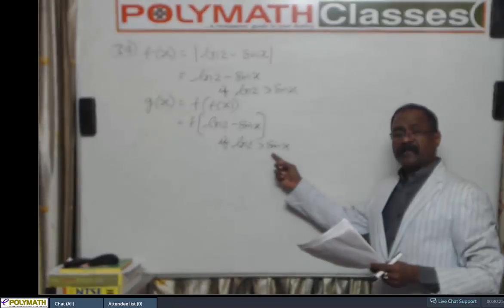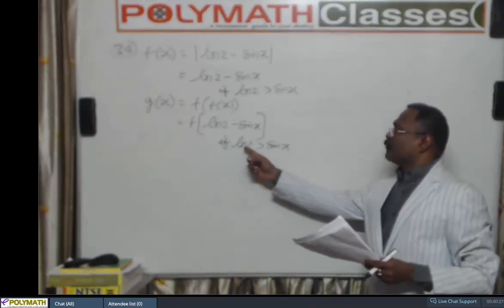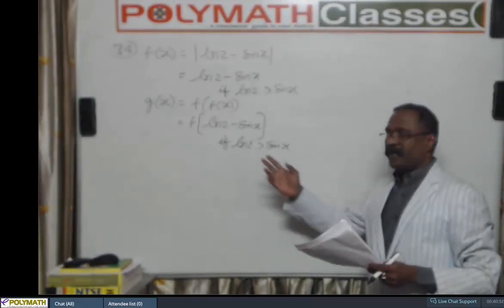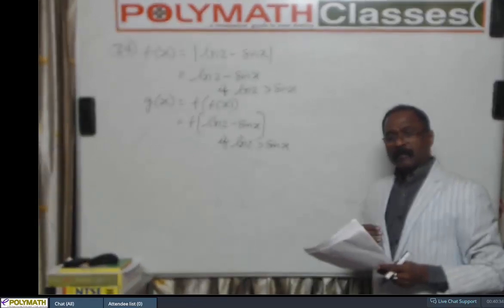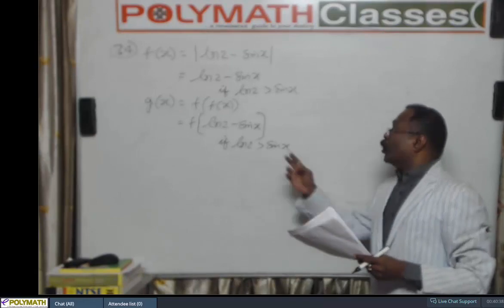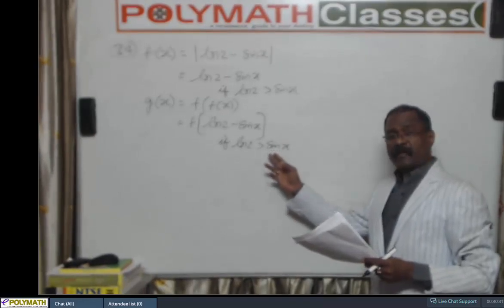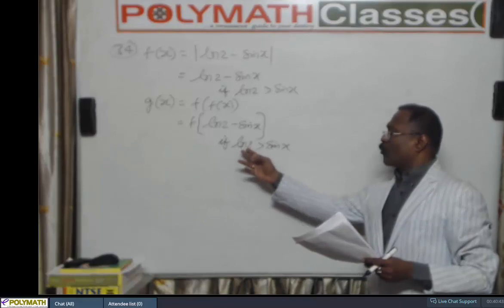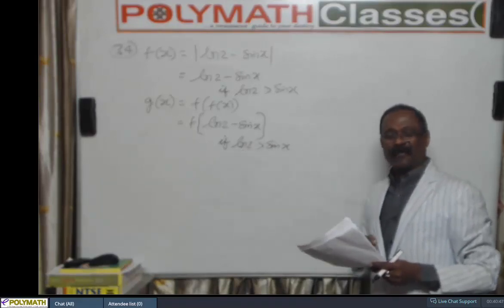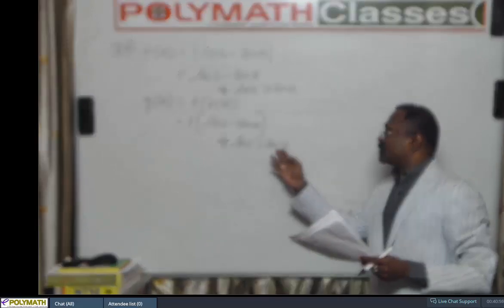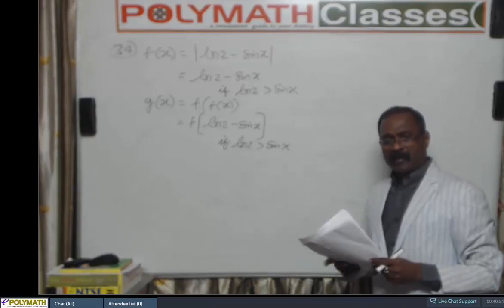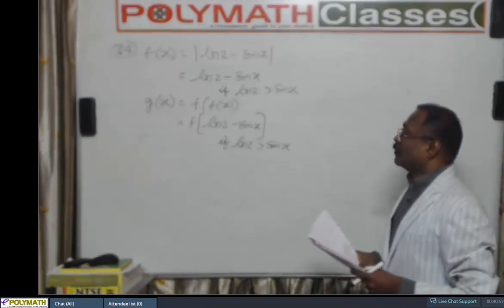The range of sin x is -1 to +1, and the value of ln2 is 0.3010. You might be using this value in physics and chemistry calculations. So when sin x lies between -1 and +1, there is some value of sin x for which it becomes less than ln2. When it is less than 0.3, ln2 will be greater and sin x will be small. So you have to consider it like that.